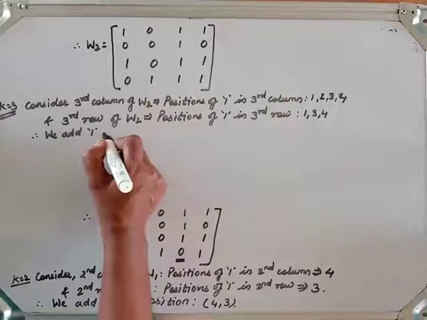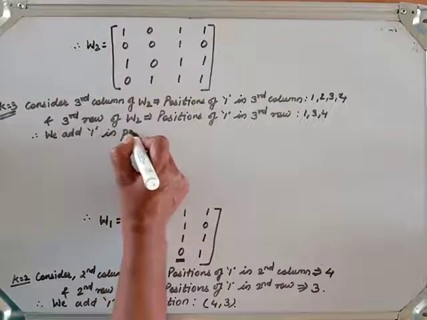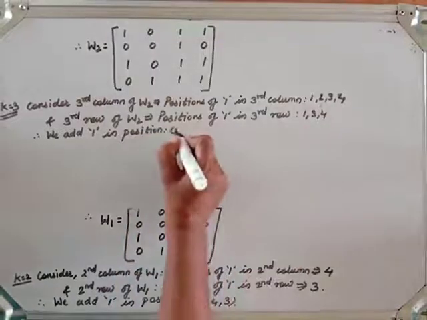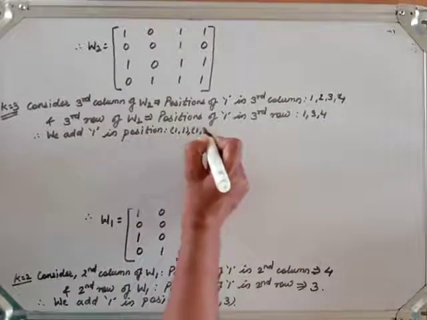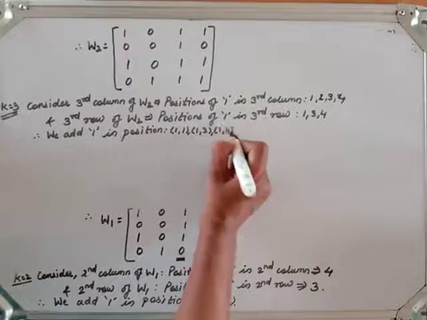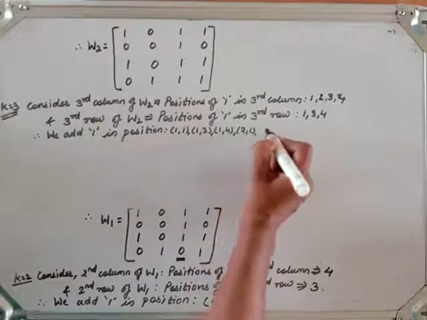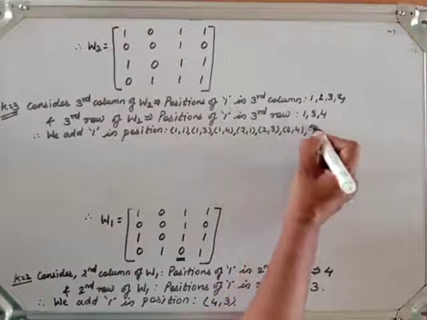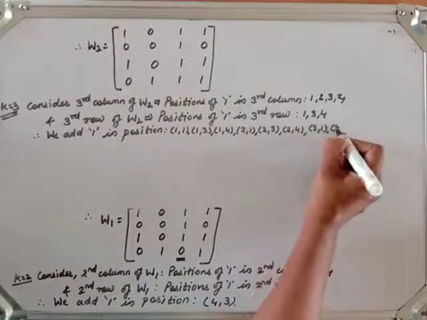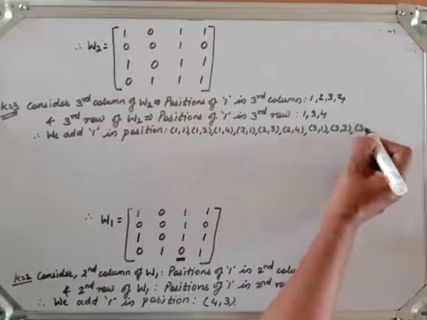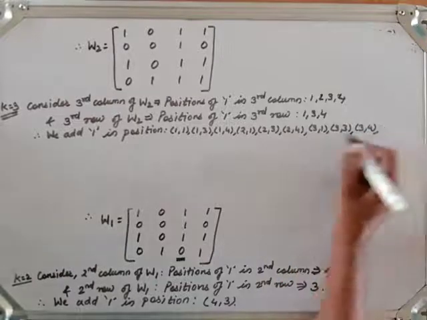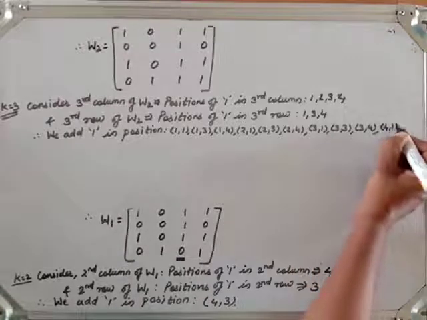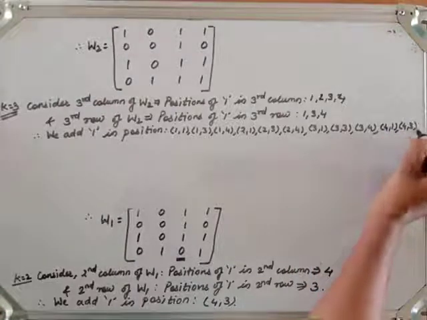1 in positions. At which position do we need to add 1? Look here: 1 1, 1 3, 1 4, 2 1, 2 3, 2 4, 3 1, 3 3, 3 4. Further, 4 1, 4 3 and 4 4.